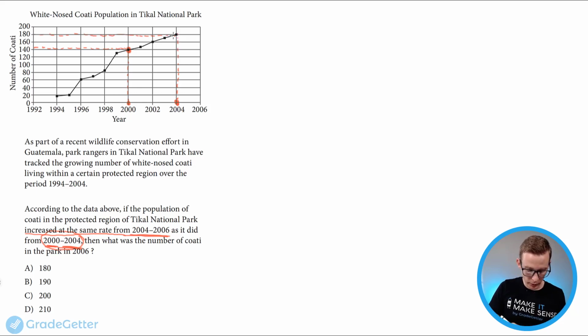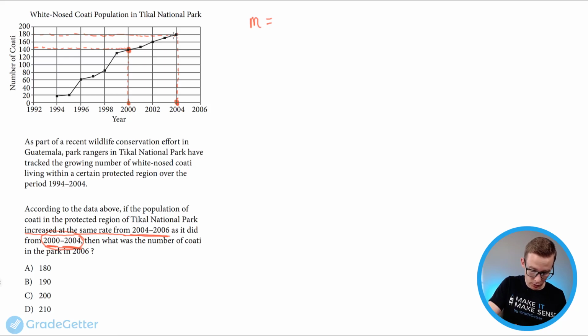All right, so the rate of increase is a slope. So this is going to be the equation of a line type concept. So if this problem is weird or challenging for you, this is the concept you're going to want to go back and review, how to find the equation of a line.